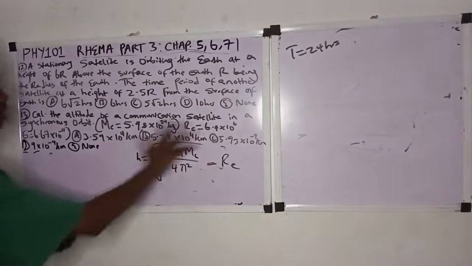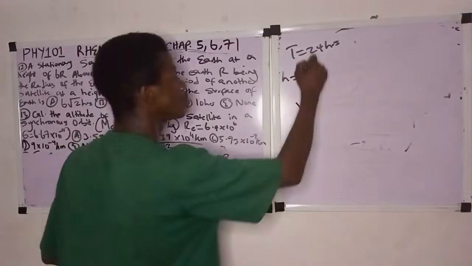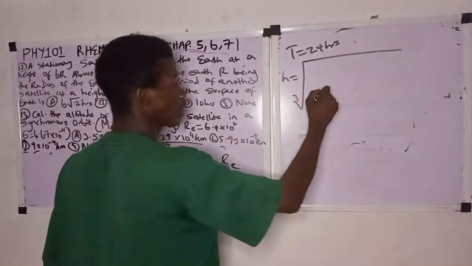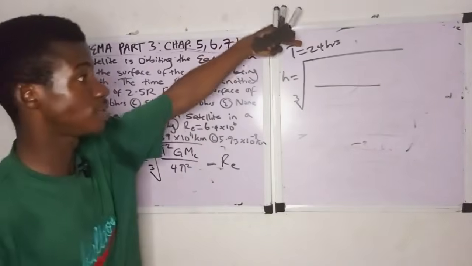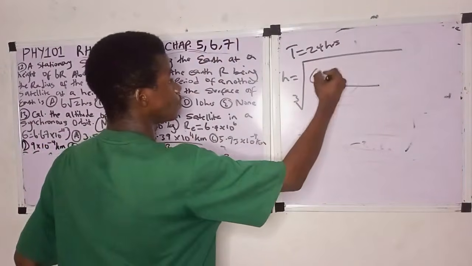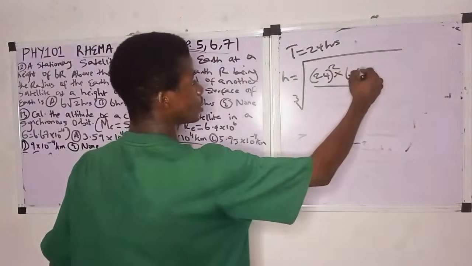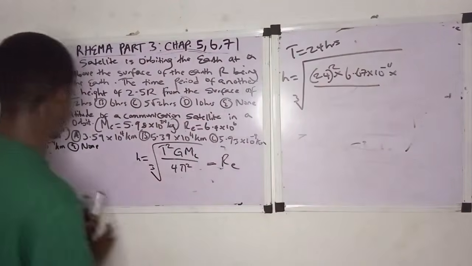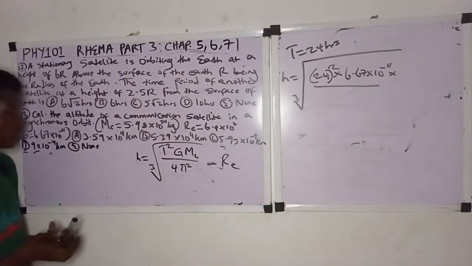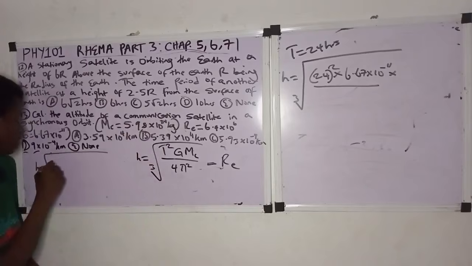Let's continue and arrange it. So h is equal to the cube root of T squared, and since the synchronous orbit period is 24 hours, T is 24, so 24 squared.